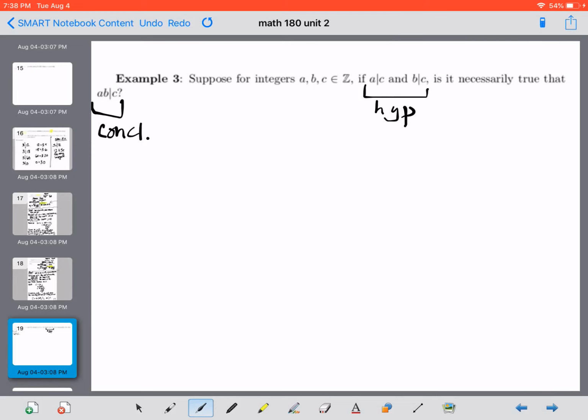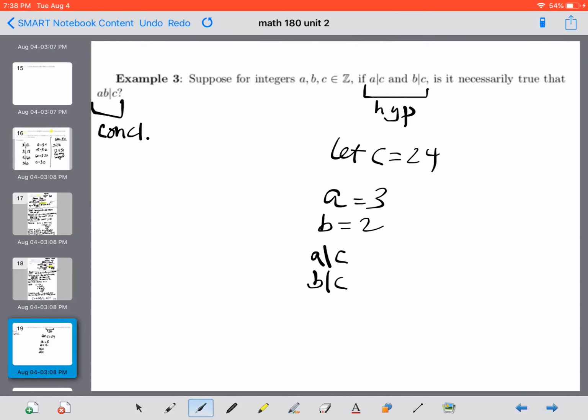Alright, so let's let c be equal to 24, and maybe we'll let a be equal to 3, and b be equal to 2, something like that. Right, because this would satisfy that a divides c and b divides c, because 3 does divide 24, and 2 also divides 24.